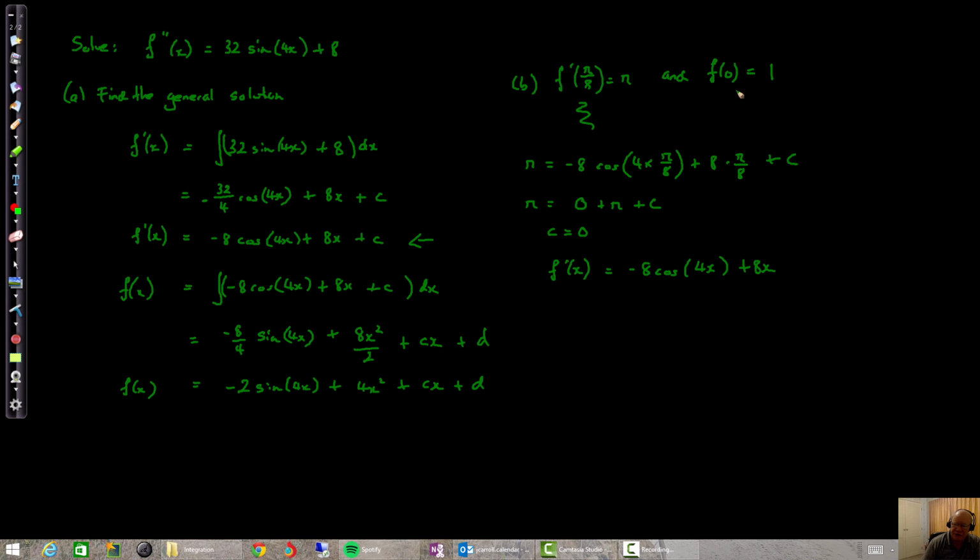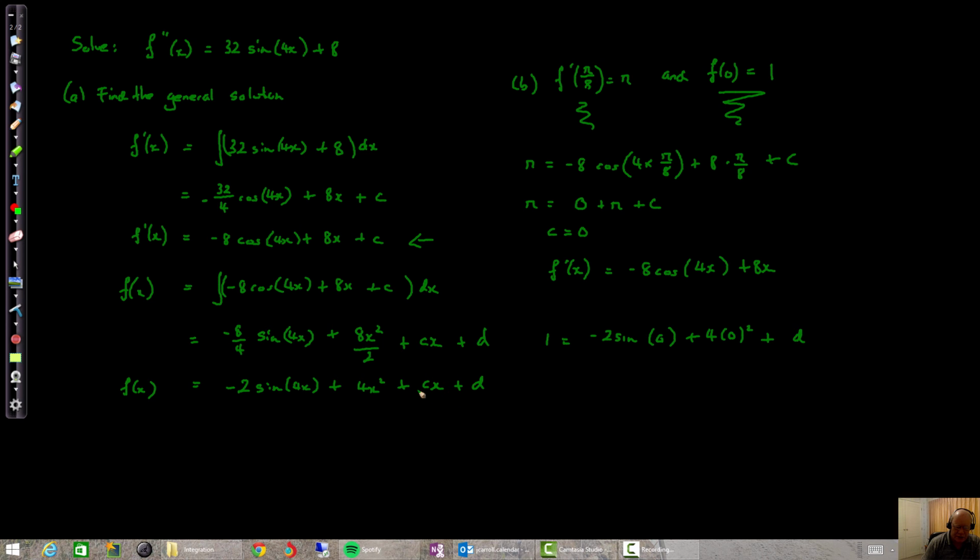Okay, now using this piece of information, coming back to our original function here, now that we know that c is 0, I can now go back to there and say, right, 1 must equal then negative 2 sine, and I'm putting 0 into the original function, sine of 0 plus 4 times 0 squared plus d.